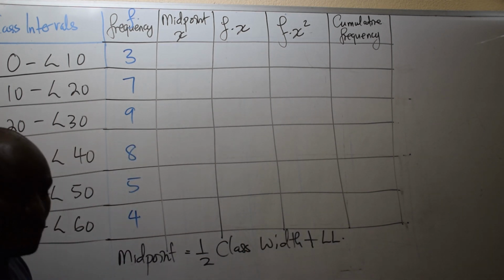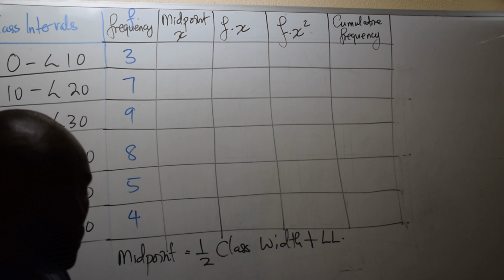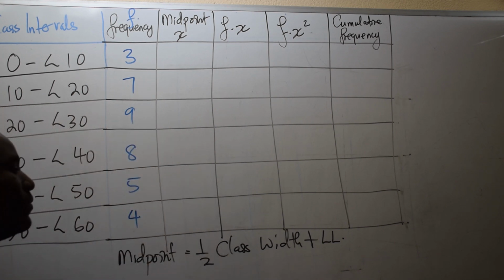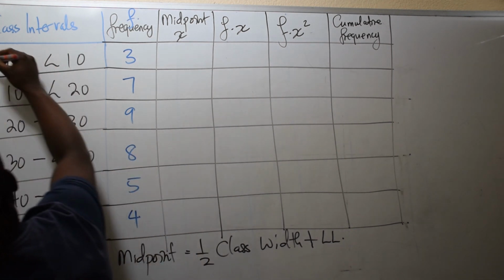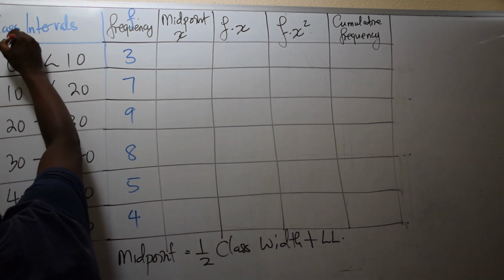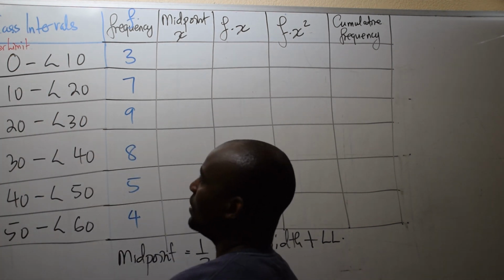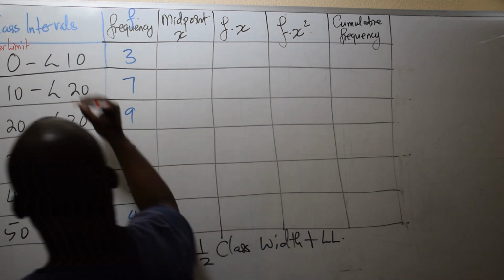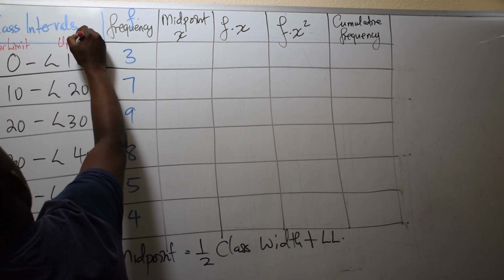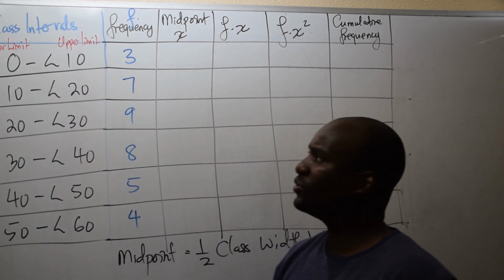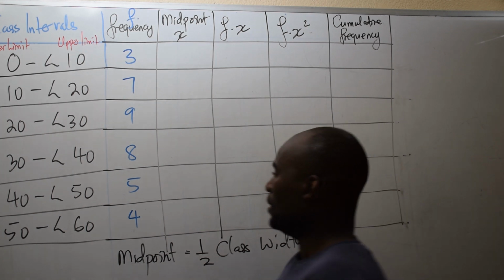So in essence we have to know, in terms of the class intervals, what is our upper limit and what is our lower limit. So this is your lower limit, all the figures to the left, and this is your upper limit. You don't need to write this, you just need to know where to find it.